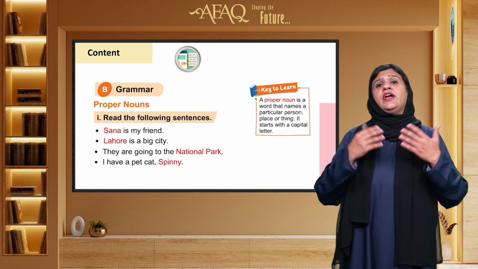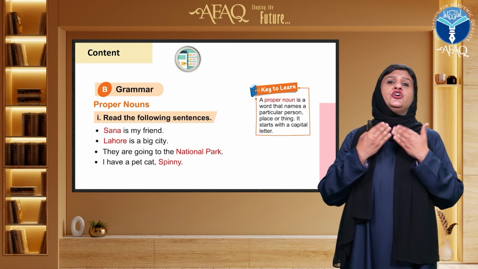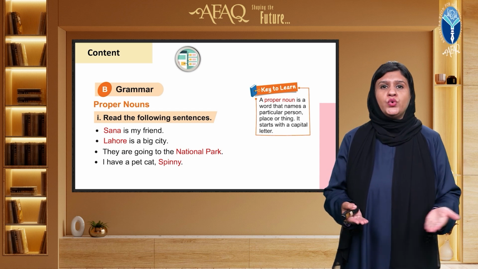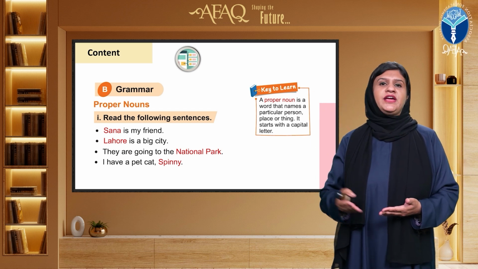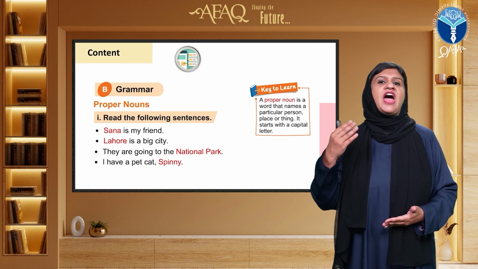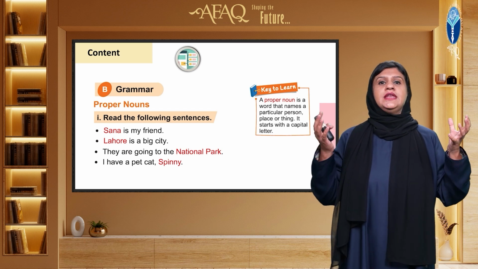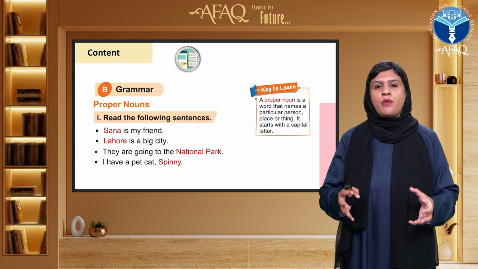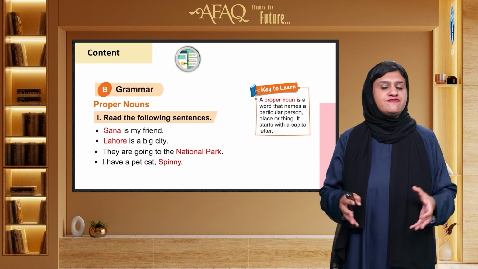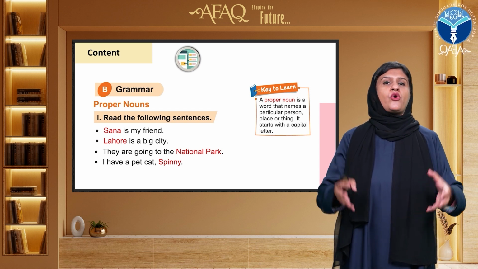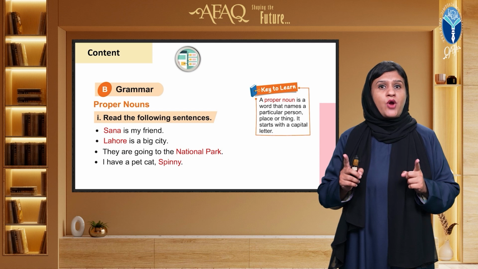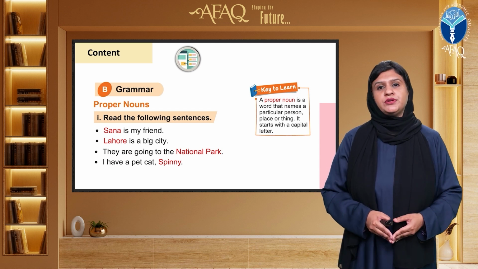The names of everything: my name, your name, name of your school, name of any marketplace, name of a hospital, name of an animal. All the names are proper nouns. And you have to keep in mind one important thing, that all the proper nouns start with a capital letter.